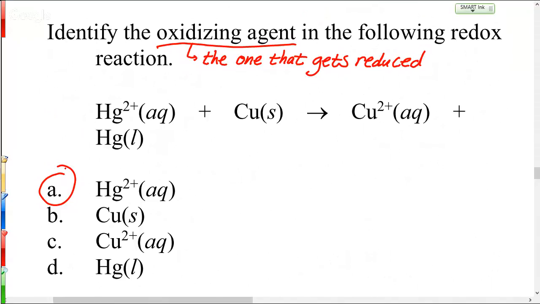If it starts as O2, which is a 0 oxidation state, what is it usually after it does whatever it's going to do? What's the usual charge on an oxygen ion? -2. So oxygen is usually going from 0 to -2 when it oxidizes things. That's an example of what's happening there. When oxygen acts as an oxidizing agent, it goes from 0 to -2, which is reduction.